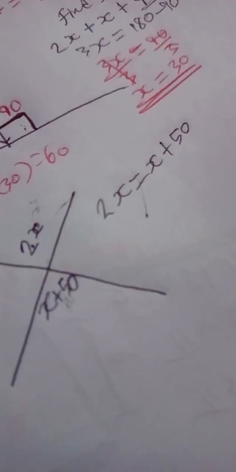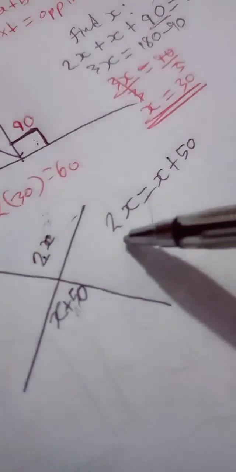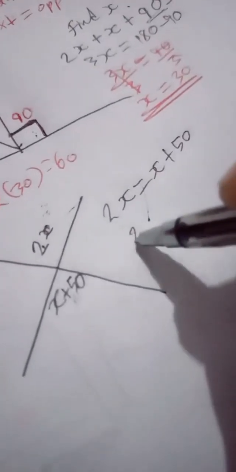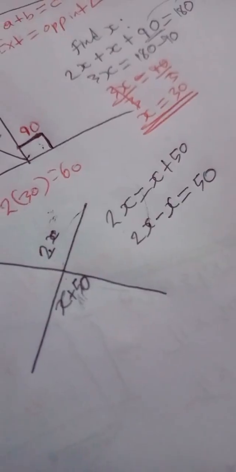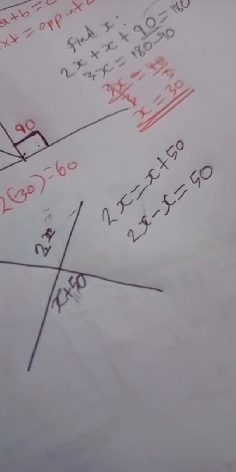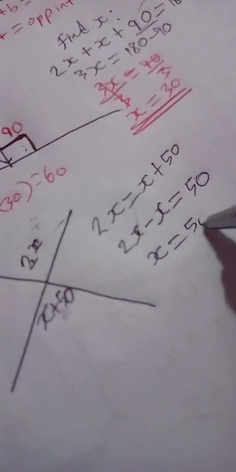Tomorrow we are cooking. Right? So now 2x minus x is equal to 50. Alright? x is equal to 50.